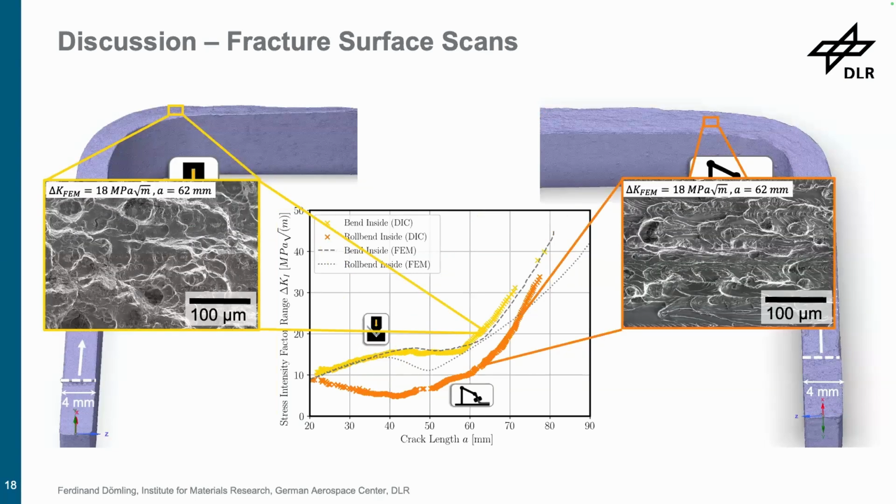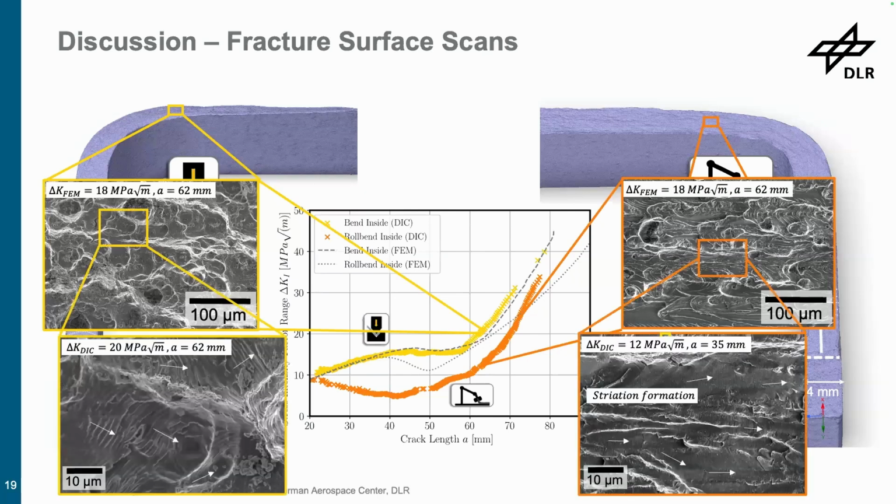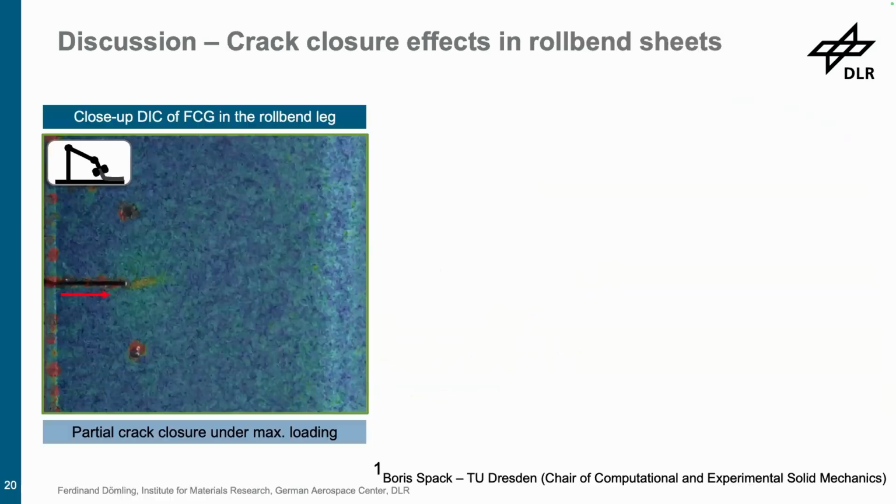And when we go to a later stage, we see the onset of ductile fracture here. And this looks pretty similar to this section here, when you remember it. And we also still see striations forming, even though this should be roughly the same by simulation. To compare it, the delta K, here now we see also striations forming. So this seems to be very plausible.